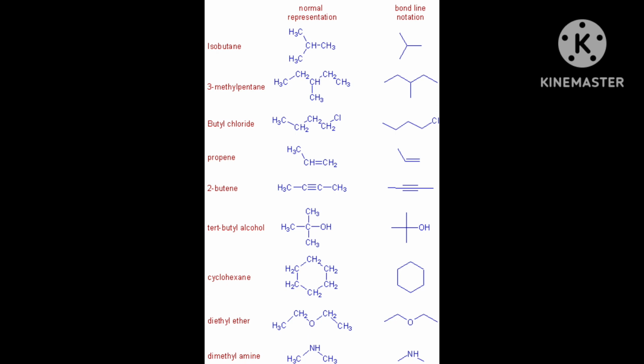Terminal will be CH3, understood. That point is telling CH3. And in the middle, where a point is there, you are writing a V type. Then the point will tell CH2. Only the end will tell CH3. Correct? Terminal points will tell CH3, and middle points will tell CH2.